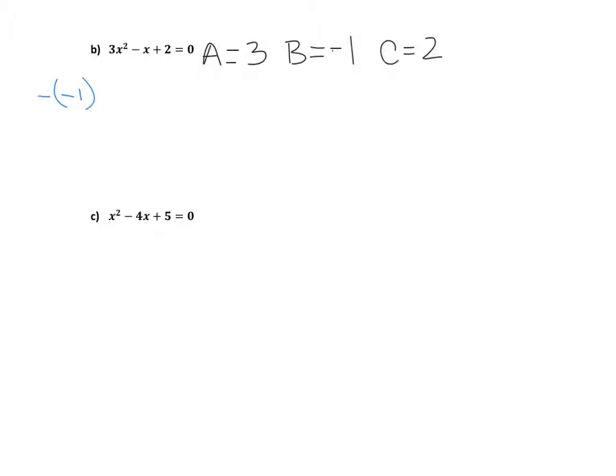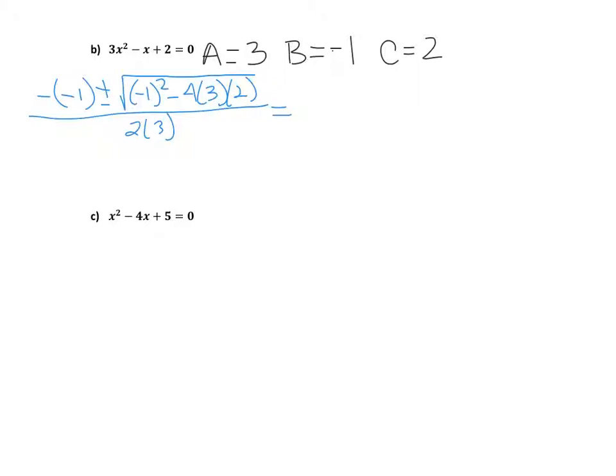Negative 1 plus or minus the square root of b squared, so negative 1 squared minus 4 times A times C, all over 2A. So that's going to give me 1 plus or minus. Now if you plug everything underneath exactly as you see it into your calculator, you will get negative 23.